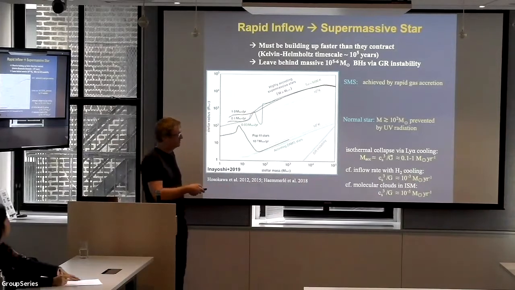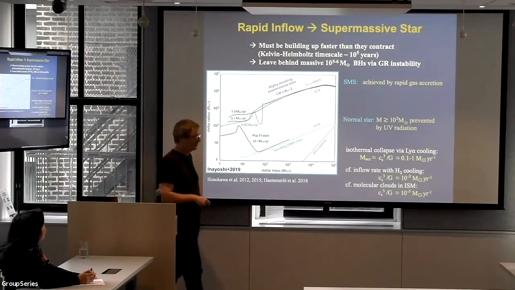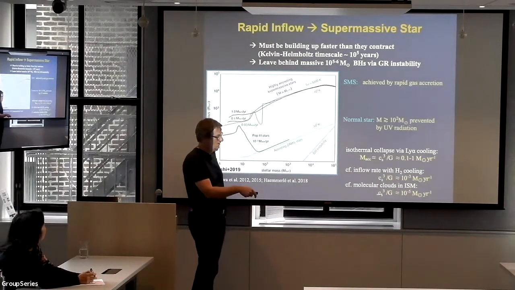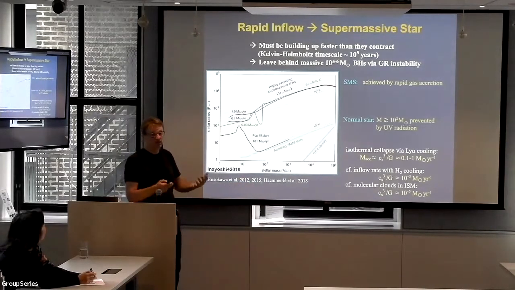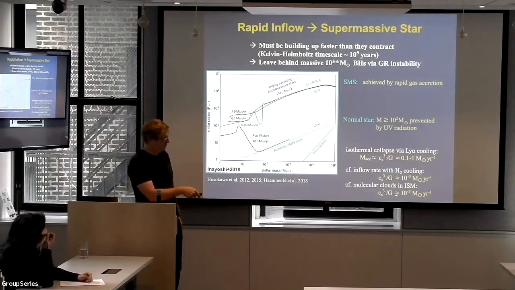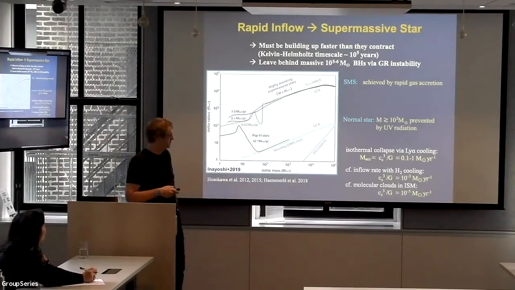So just for reference, we can start from a low value. In molecular clouds in our galaxy, which are very cold, the sound speed is very low. And this accretion rate for self-gravitating gas at a certain temperature scales like sound speed cubed over G. So it's 10^-4 or 10^-5, let's say, solar masses a year, very small.